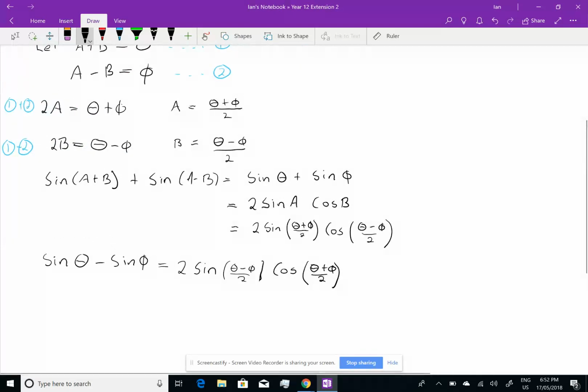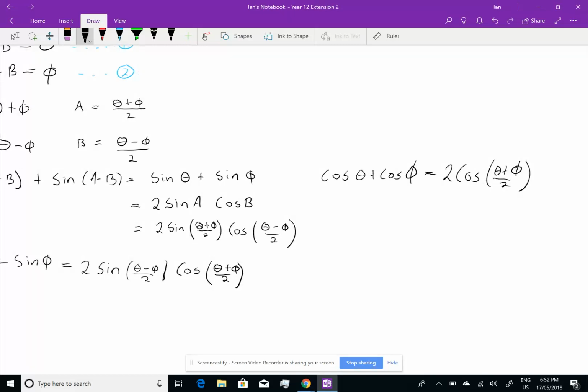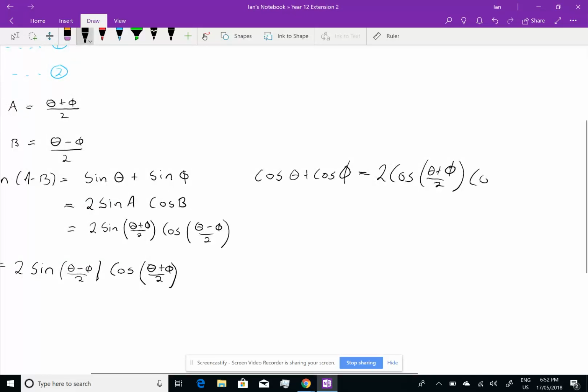Now, if I do the cos versions of these, cos theta plus cos phi. If I look back, that'll give me 2 cos A, theta plus phi over 2, cos B, theta minus phi over 2.